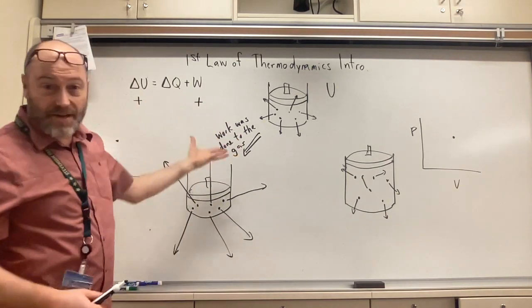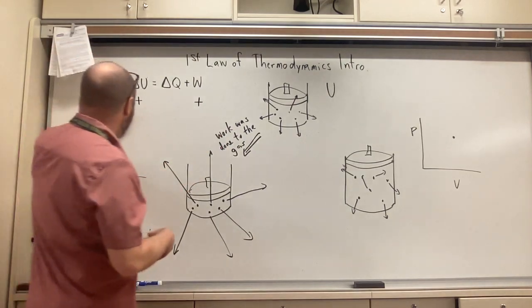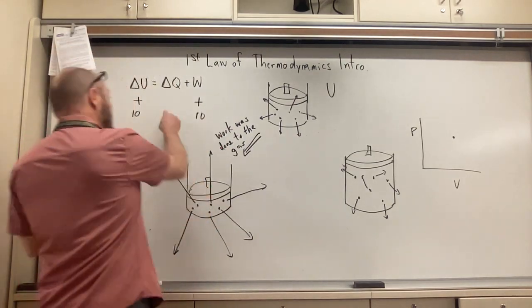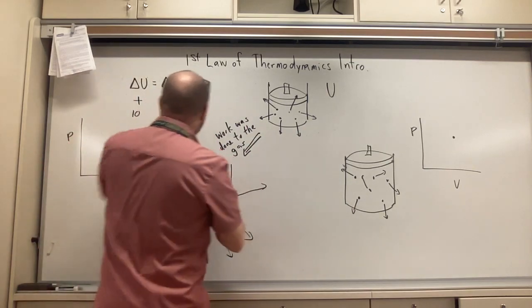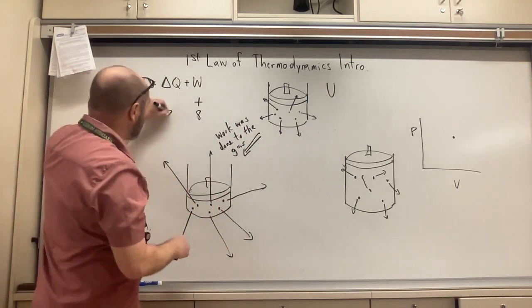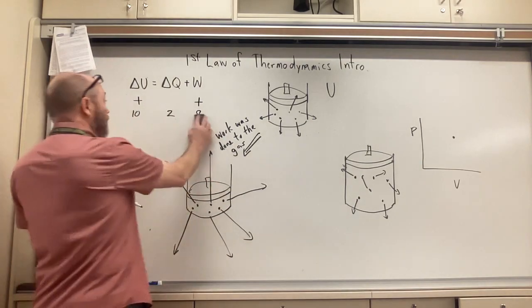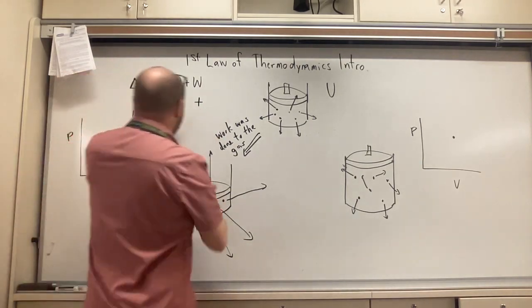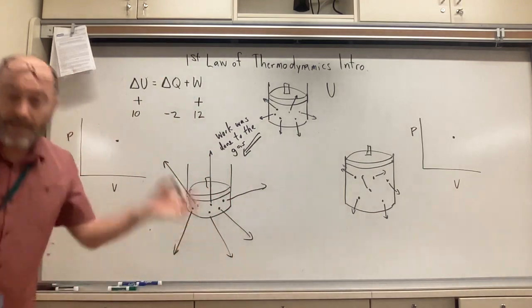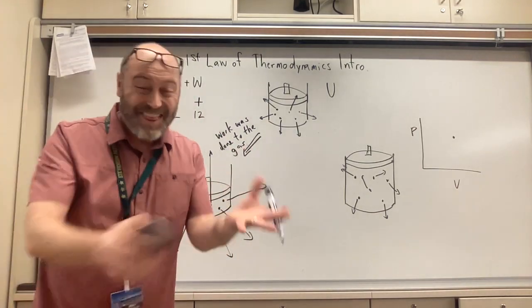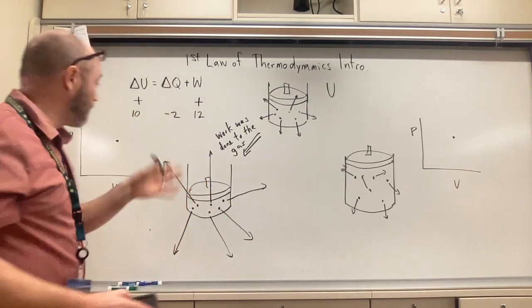It all depends on these other numbers. If you had 10 and 10, that's zero. If you had 10 and 8, that is positive 2. Does that make sense? If you had 10 and 12, this is negative 2. Does that make sense? Again, you're going to think about each situation and figure stuff out.